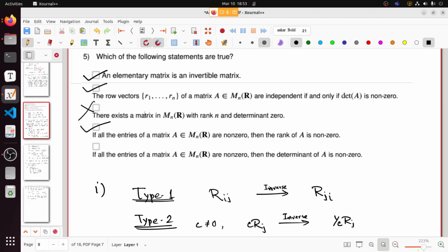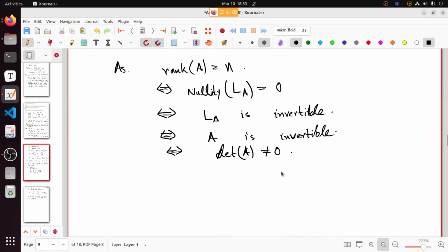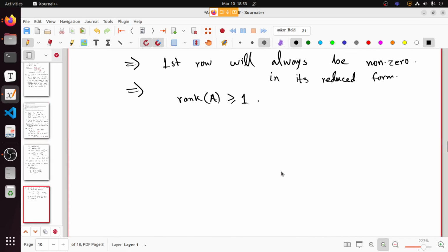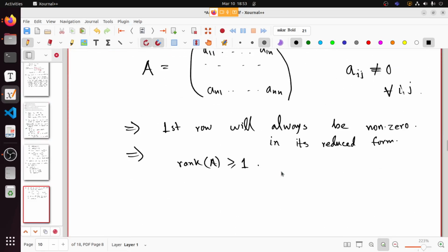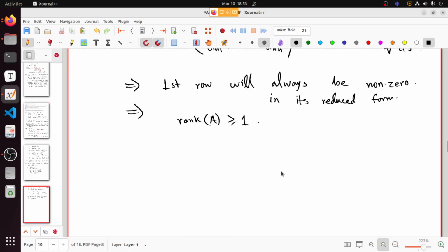So now let's do option number 5. What it is saying: if all the entries of the matrix are non-zero, then the determinant of A is non-zero. So this is not correct. Rank is non-zero, but the determinant may not be non-zero, right? So let's take this example. You can take easily A equals 1 1 1 1 in 2 cross 2. This belongs to M2R, and all the entries are non-zero, right?